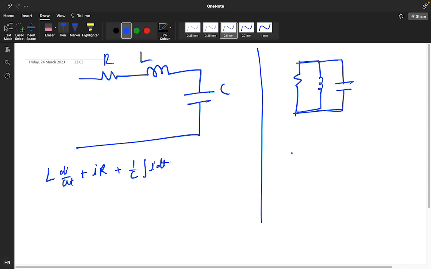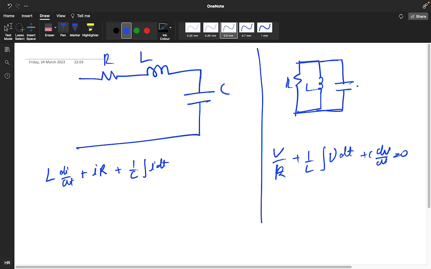And we got the equation here: V by R plus 1 by L integration of V dt plus C dV/dt is equal to 0.